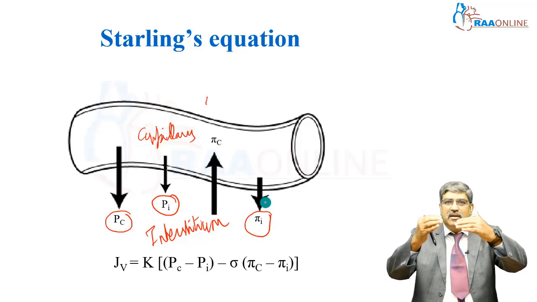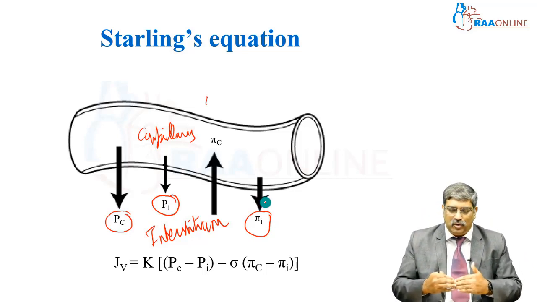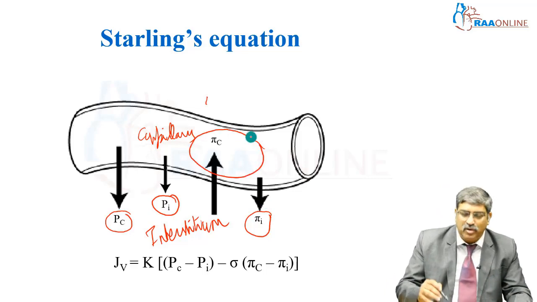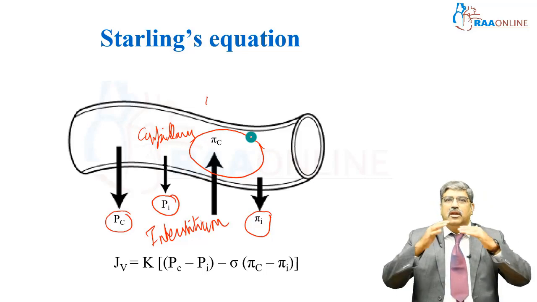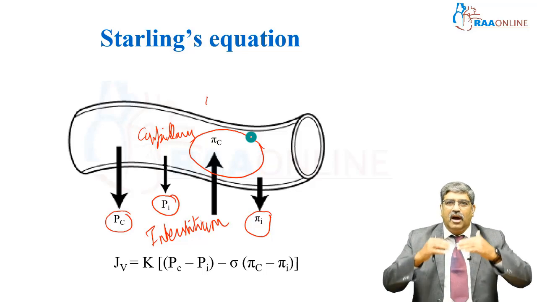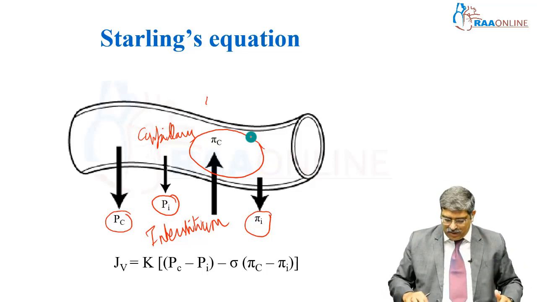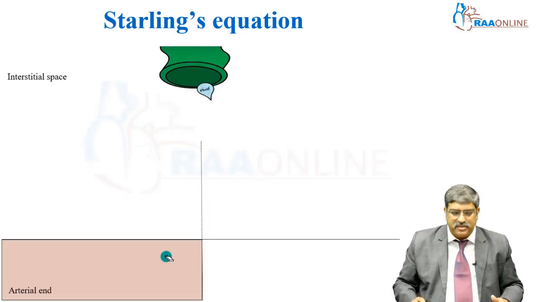And the force which retains the fluid in the capillary is the plasma oncotic pressure. So, three forces move the fluid out of the capillary and one force retains the fluid in the capillary. Now, let us look at the value of each force.